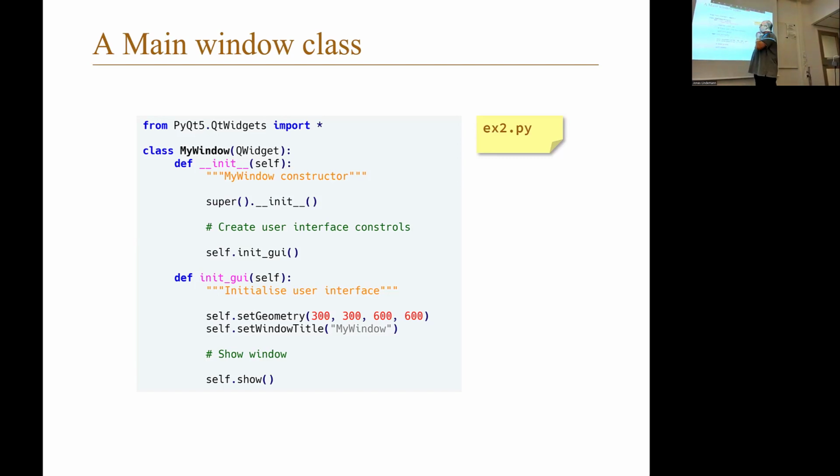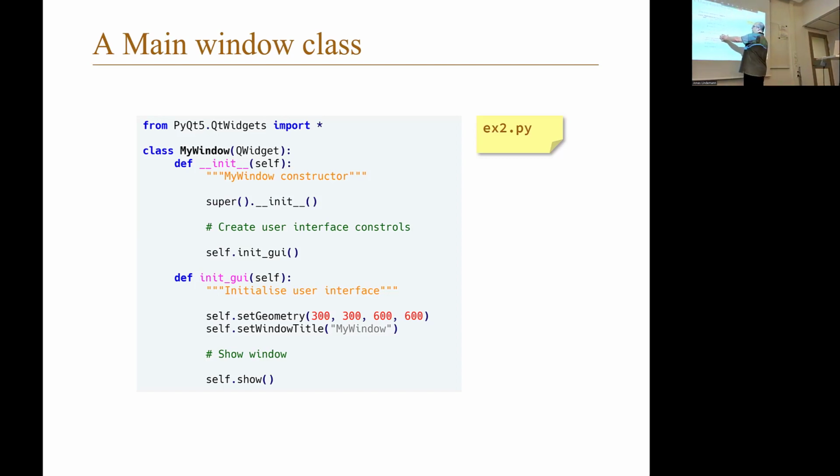I have a constructor here. The first thing I do, as I said in the object-oriented part, is call the constructor of the overlying object. So we call super, which actually refers to the widget object, and we call init on it. We have to do this. That makes the widget appear and sets up the basic functionality of the widget.